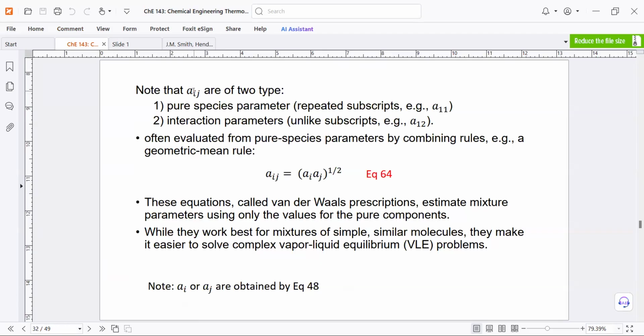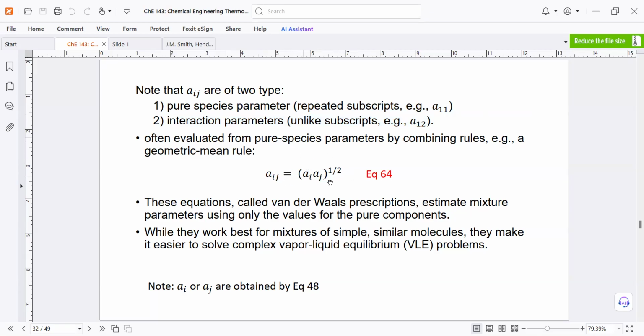Now, for parameter A, there are two types. You have the pure species parameter. These would represent the interaction between like molecules. So, between the same species, that's why it's either A11 or A22. But there are interaction parameters between unlike molecules or unlike species. That's A12 and A21. To solve for A12 and A21, we can use the geometric mean rule. So what is that? We just multiply the pure species A and then take the square root.